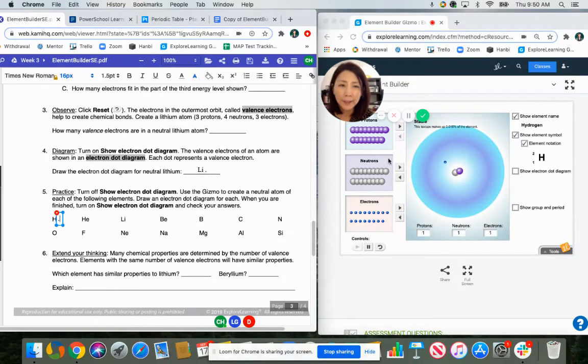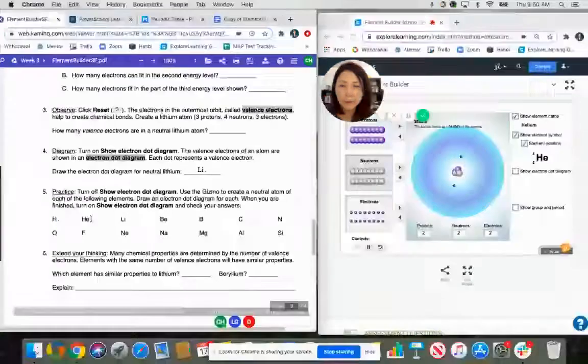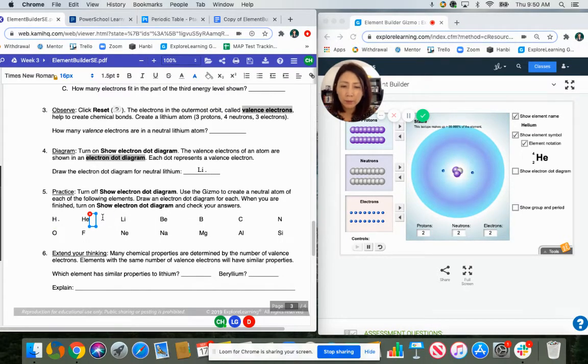Helium, on the other hand, I'm going to add another proton, and I'm going to make it neutral. So I've got to have 2 protons, 2 electrons. And now I know it's got 2 electrons in its outer orbit. So here is helium.